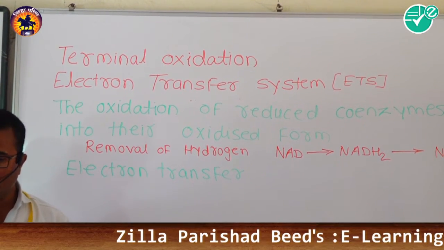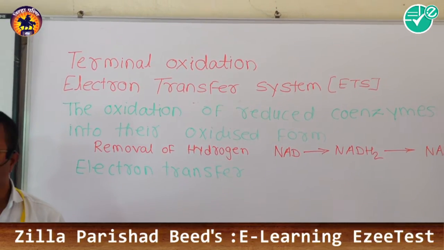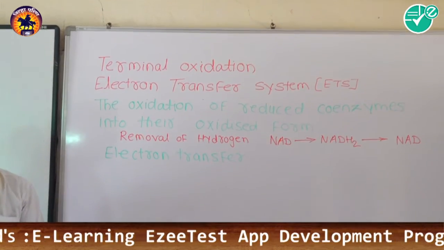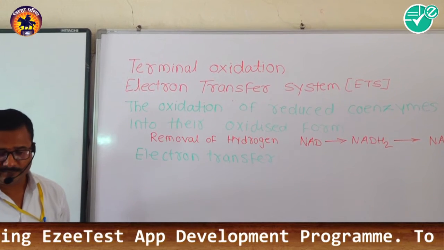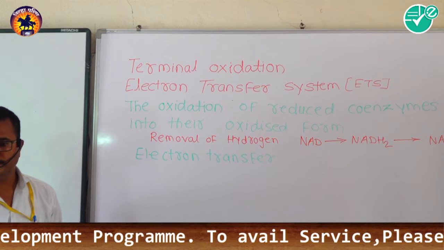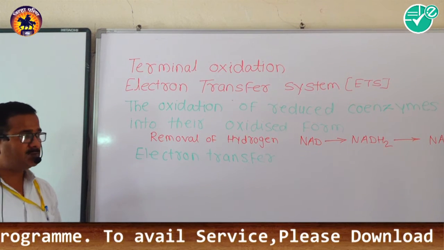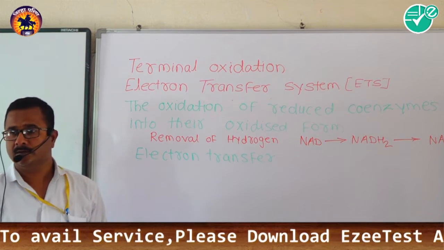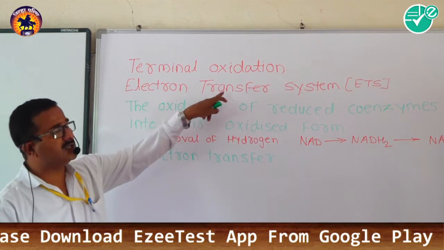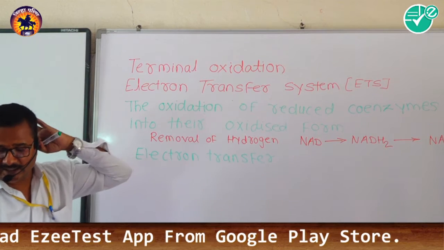During the electron transfer, there are so many electron carriers present. These electron carriers transfer such energy, and therefore this is termed as the electron transfer system or a respiratory chain.